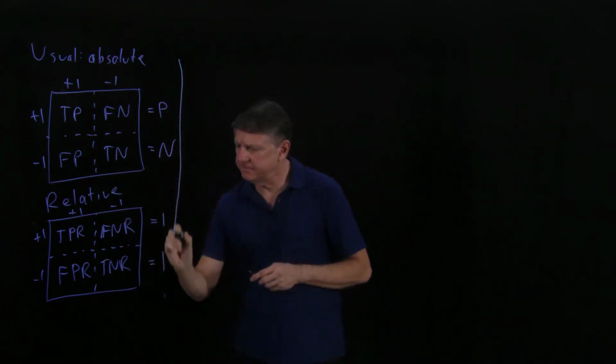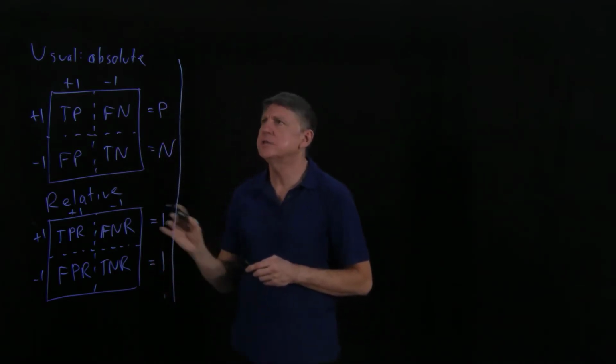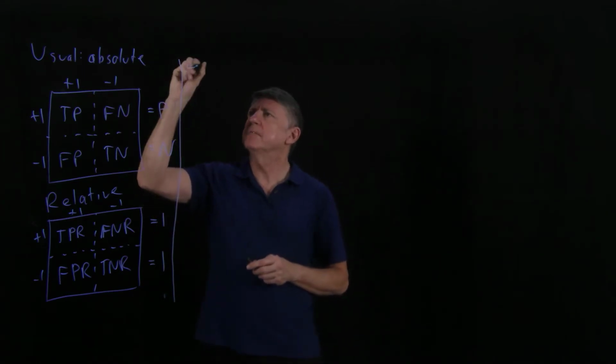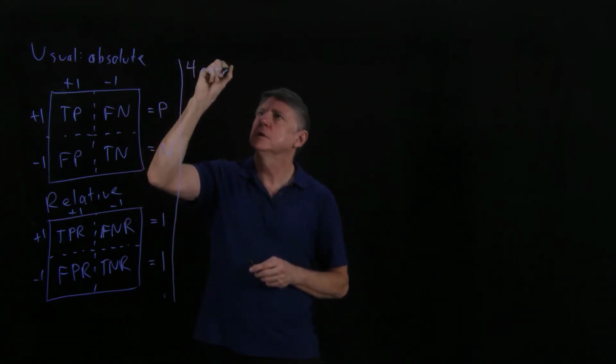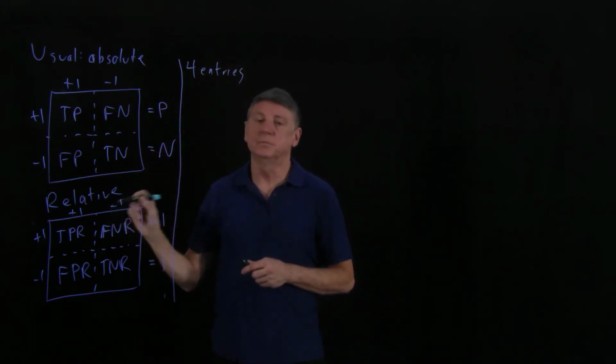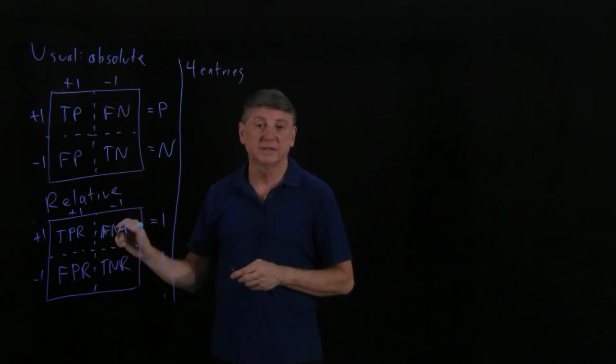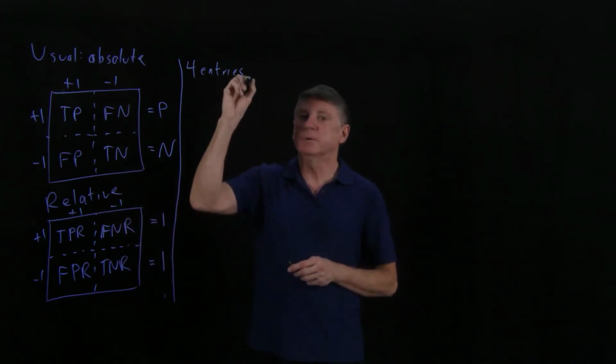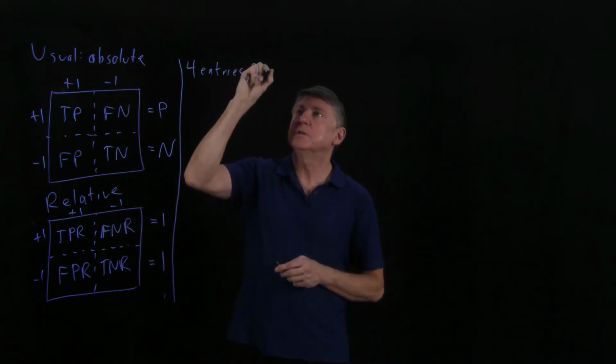What we have here is an interesting situation. We have 4 entries in both the absolute and the relative table. But in the relative table, we have 2 constraints.